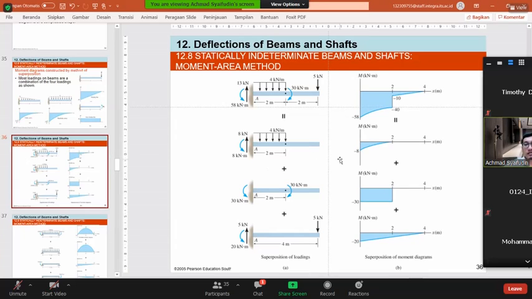Like this, you can see in this slide. This is the problem with three types of loading: concentrated loads, moment, and distributed loads.